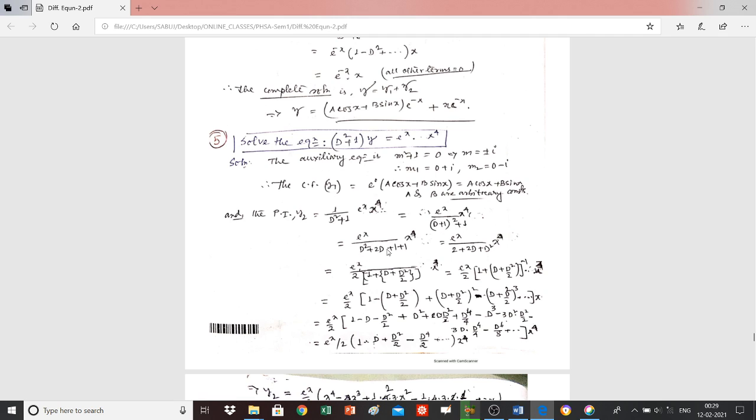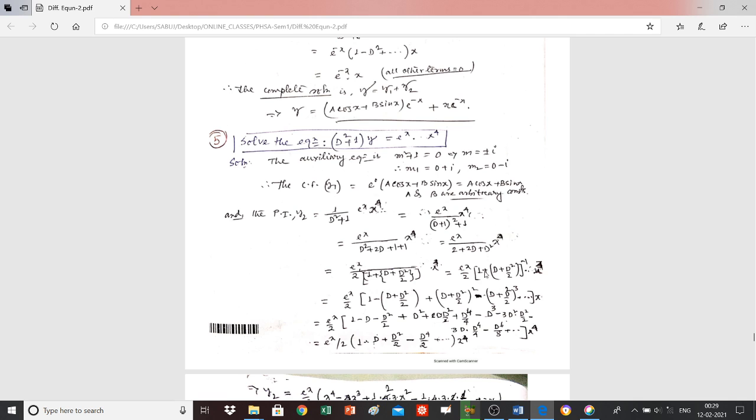Just simplify. So D square plus 2D plus 1, and this one here x to the 4, that is equal to e to the power x, 2 plus 2D plus D square into x to the 4. So write it as here e to the power x by 2, 1 plus D square by 2 into x to the 4, that is equal to e to the x by 2, 1 plus D square by 2 to the power minus 1, and then x to the 4.